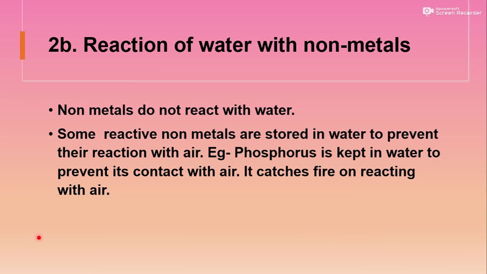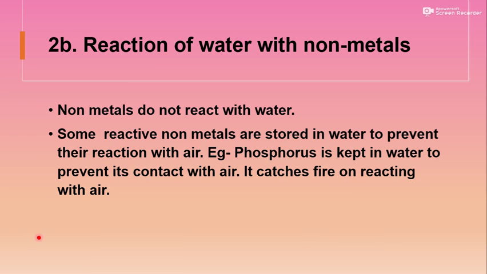Magnesium oxide reacts with water to form magnesium hydroxide. So now there is a solution of magnesium oxide in water. Then we dip a strip of red litmus in this solution. The color of the red litmus changes to blue.